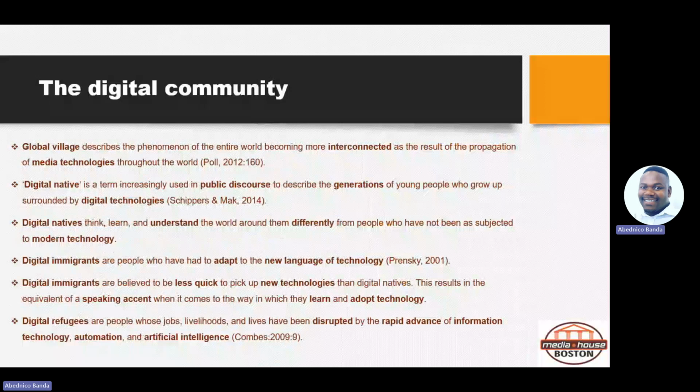Then we have the digital immigrants. The same way with the concept of immigration that we have come to know now. Immigrants are people who go to a specific area for a specific purpose. It might be for economic reasons. It might be for social reasons. It might be even for religious reasons. But these are people who did not abandon their places of origin.